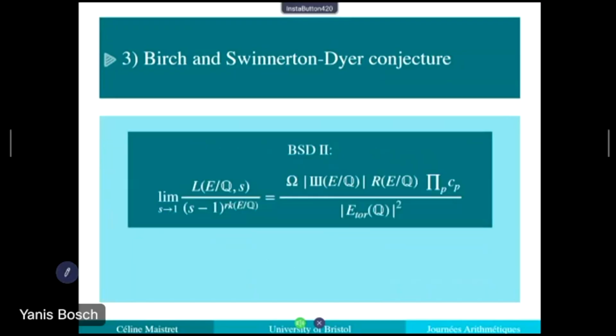So here again, the Birch and Swinnerton-Dyer conjecture can be used if we knew it, and many of us actually consider the second version of BSD as a way to compute the order of the Shafarevich-Tate group.